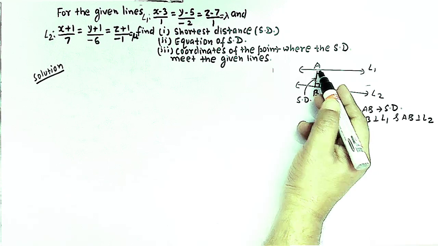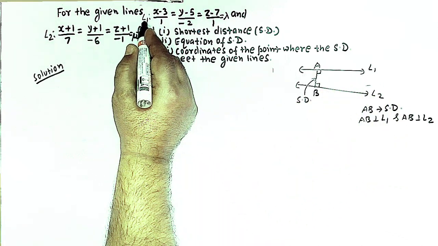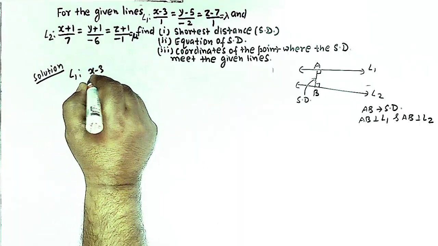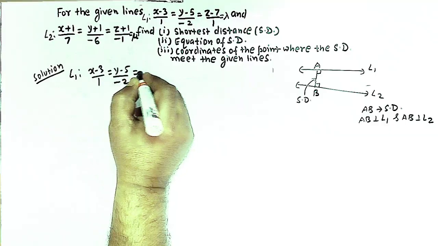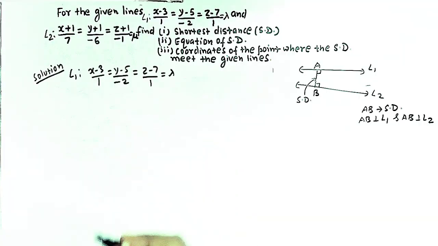So to get the coordinates of the point A, let us take the line L1. So here the line L1 is (x - 3)/1 = (y - 5)/(-2) = (z - 7)/1 = lambda.